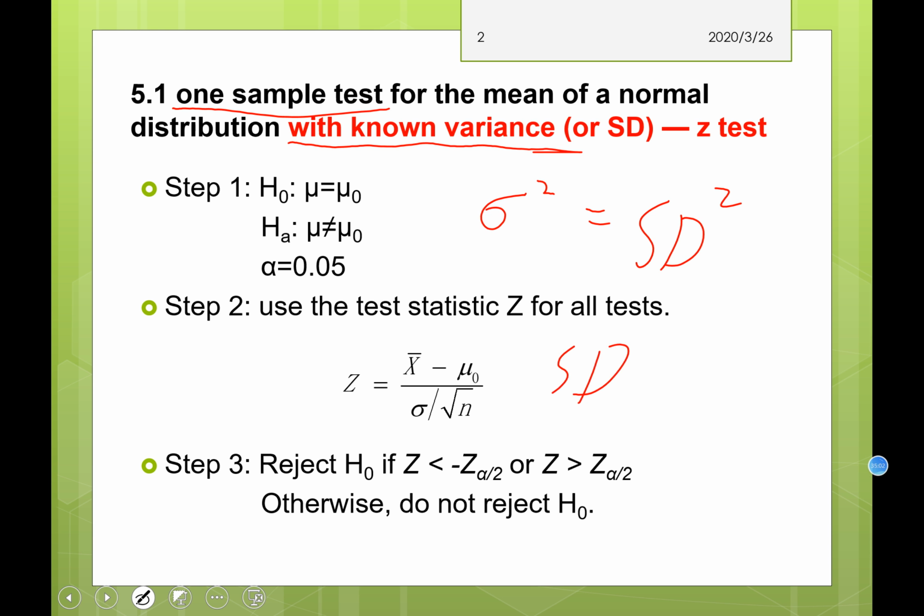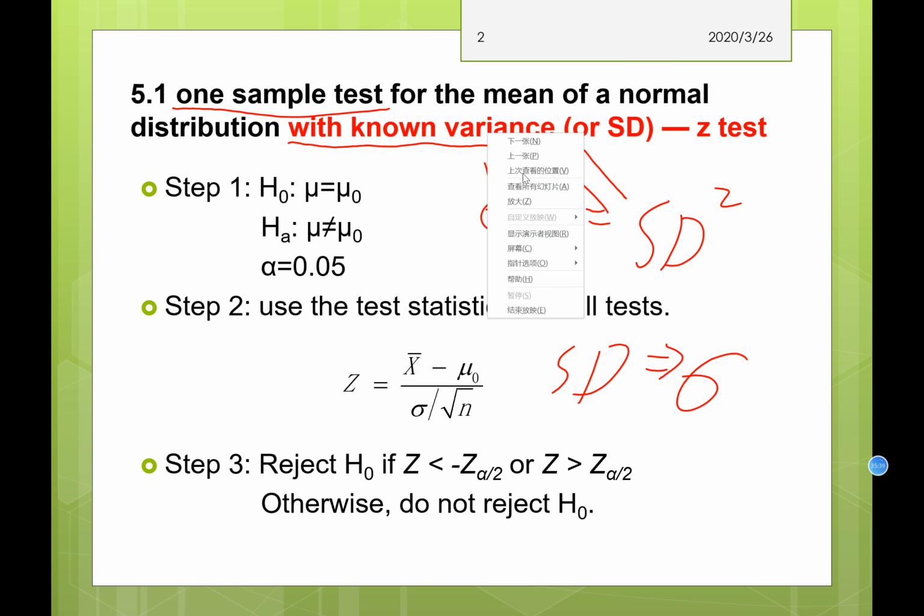Standard deviation, SD for short, is denoted as sigma. So we can find that variance equals standard deviation square, which means standard deviation equals the square root of variance.